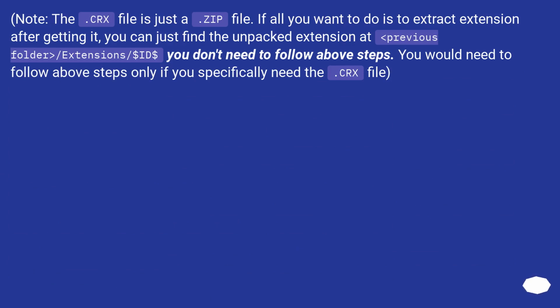If all you want to do is to extract the extension after getting it, you can just find the unpacked extension at <previous folder>/Extensions/$id$. You don't need to follow the above steps. You would need to follow the above steps only if you specifically need the .crx file.